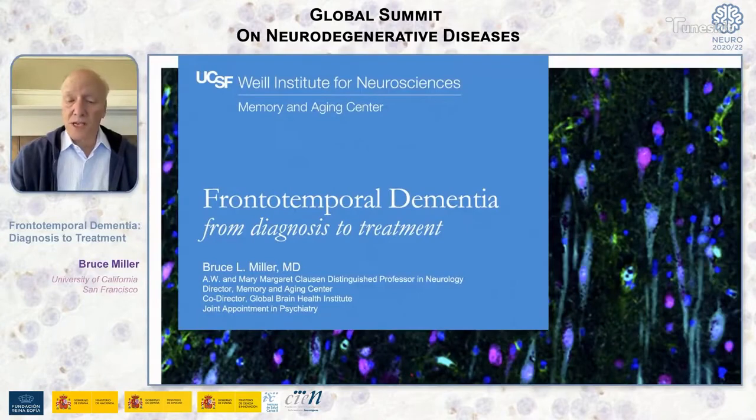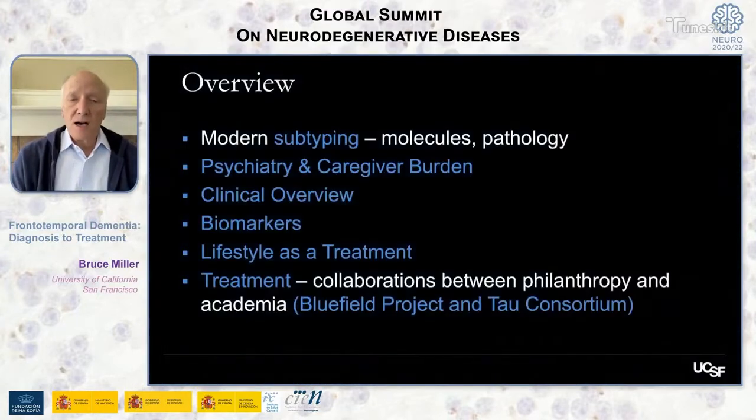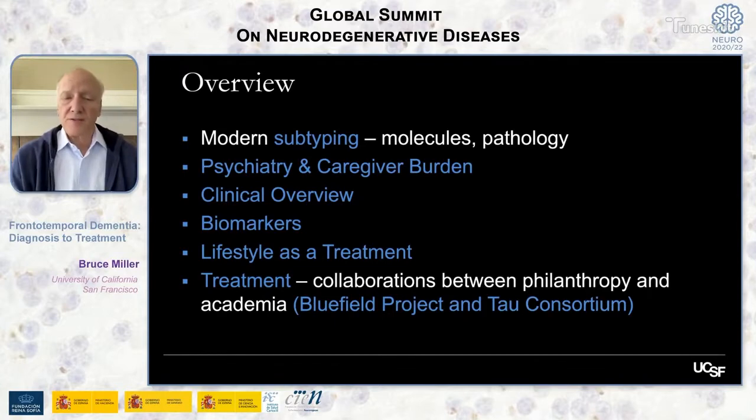Okay, I am going to speak in English about frontotemporal dementia from diagnosis to treatment. An overview: I will talk about modern subtyping, molecules, pathology, genes. I'm going to emphasize what a burden to caregivers the psychiatric manifestations of this disease make.